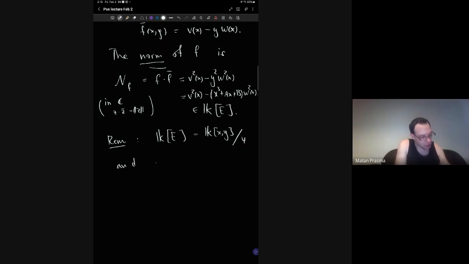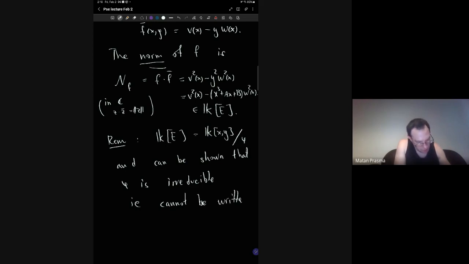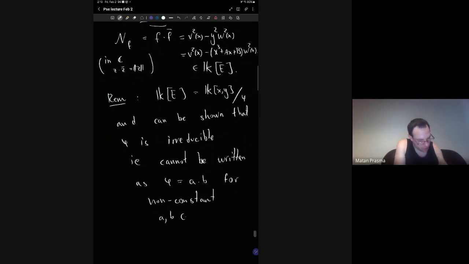And it can be shown that phi is irreducible, i.e., it cannot be written as phi equals A times B for non-constant polynomials A and B in two variables.